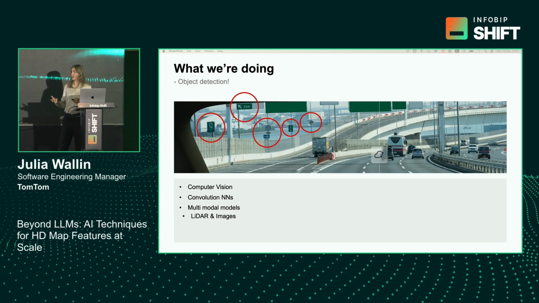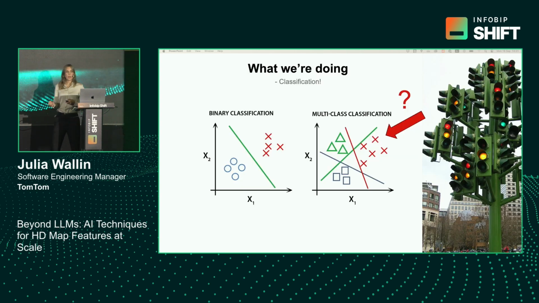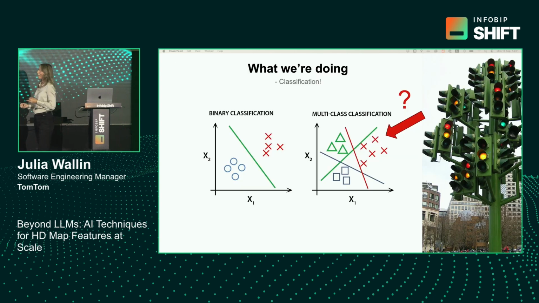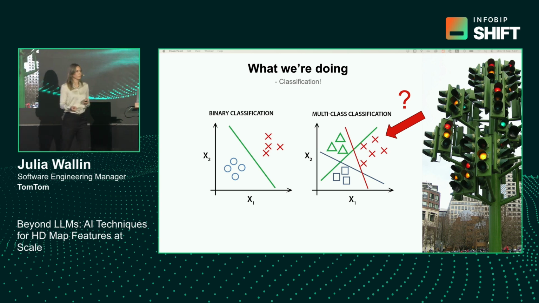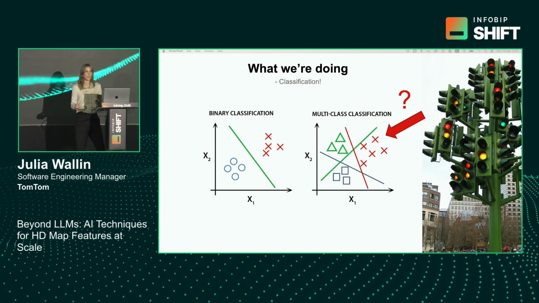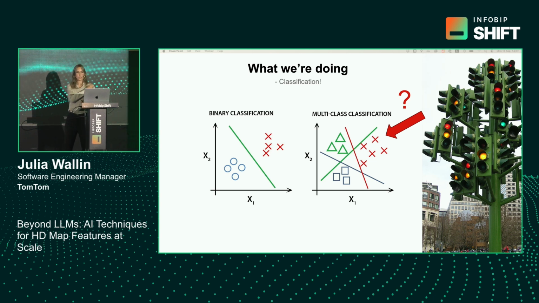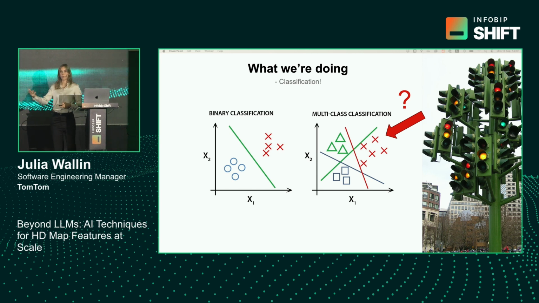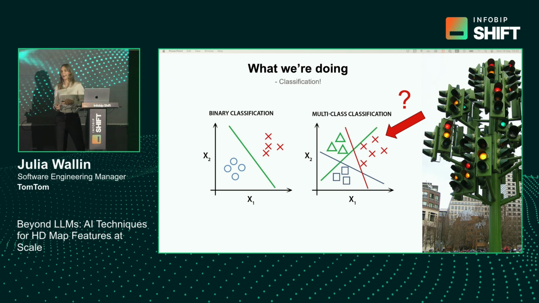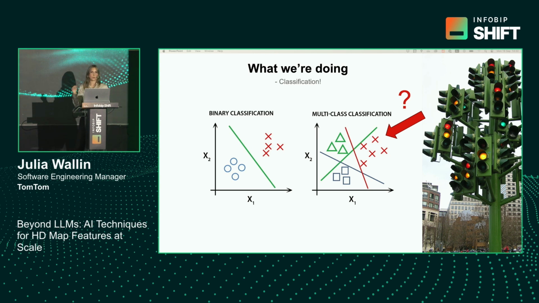Object detection. We are doing classification. The objects that we are detecting, these road furniture objects, have known categories that we're trying to put them in. So this is a classification problem. We don't really need to ask, I don't know, an LLM or something. We have these classes. We just need to put them in the right one.